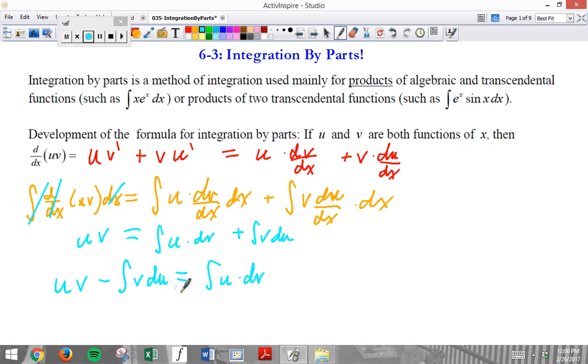And this is what integration by parts is about. It's finding a way to turn the product rule for differentiation into a new formula for integrals. This is an integration formula. If I have an integral of this form, I can transform it into an integral of this form. Now that's very powerful. You're changing one integral into another integral. And hopefully the idea is that this integral is much easier to do.